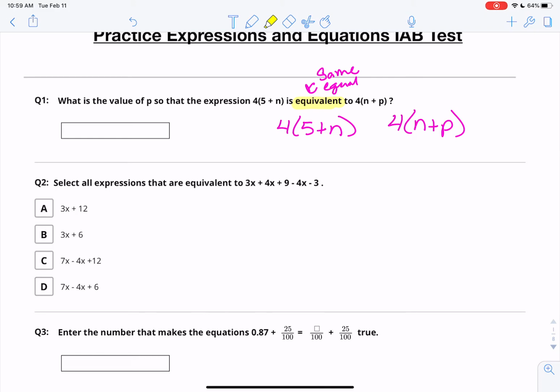You were supposed to recognize we already have the 4 on the outside. We have the n here and the n here. So the only thing missing on this side that could equal p would be that 5. So the answer is 5, because we want the left-hand side to equal the right-hand side.